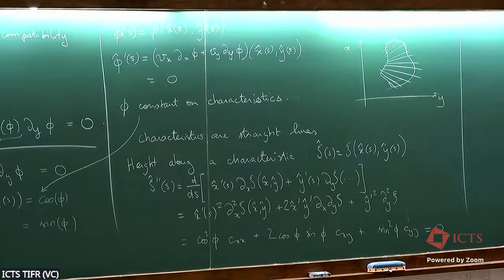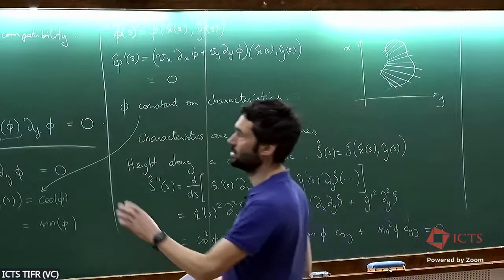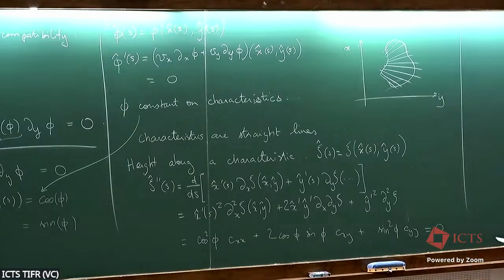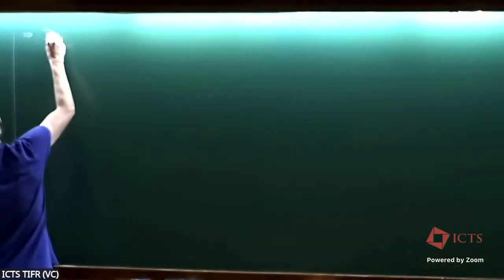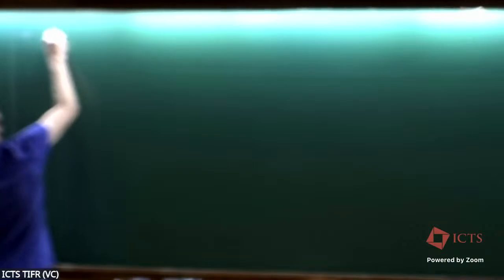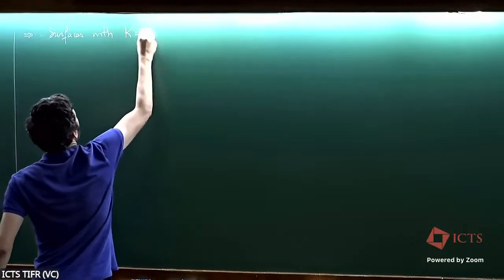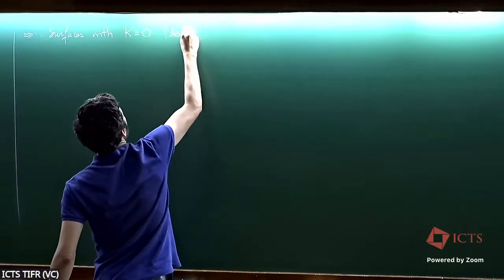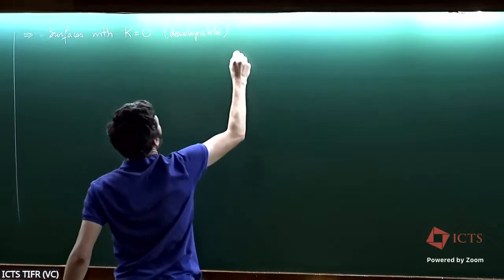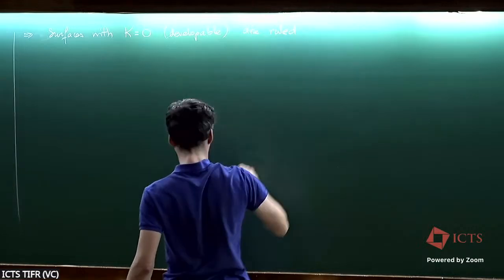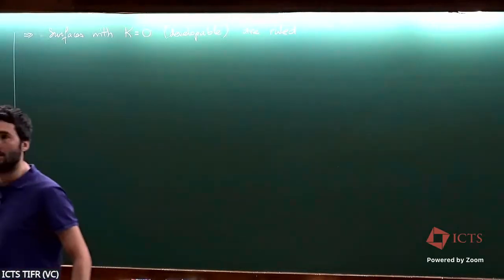So my only approximation here was that surfaces were close to a plane, but what we have shown within this approximation, and that is actually true in general, is that surfaces with K equal to 0, which are also called developable, are ruled. Ruled meaning that they are made of these straight lines.